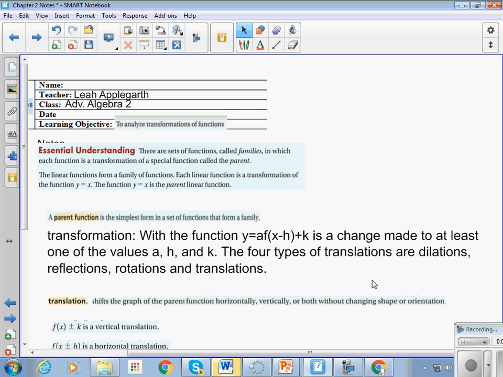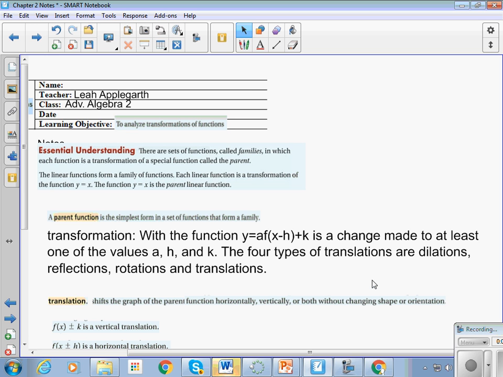A transformation. So with the function y equals a f of x minus h plus k, a transformation is a change made to at least one of the values a, h, and k.